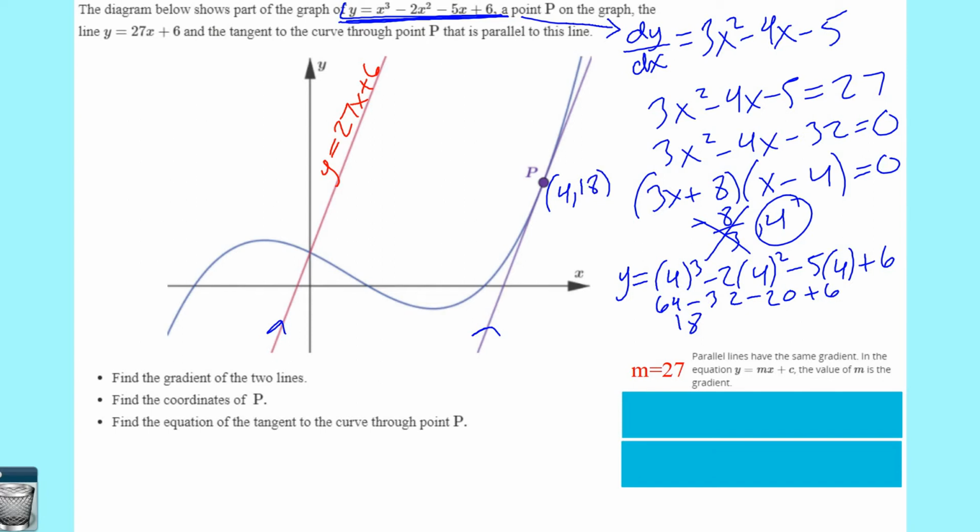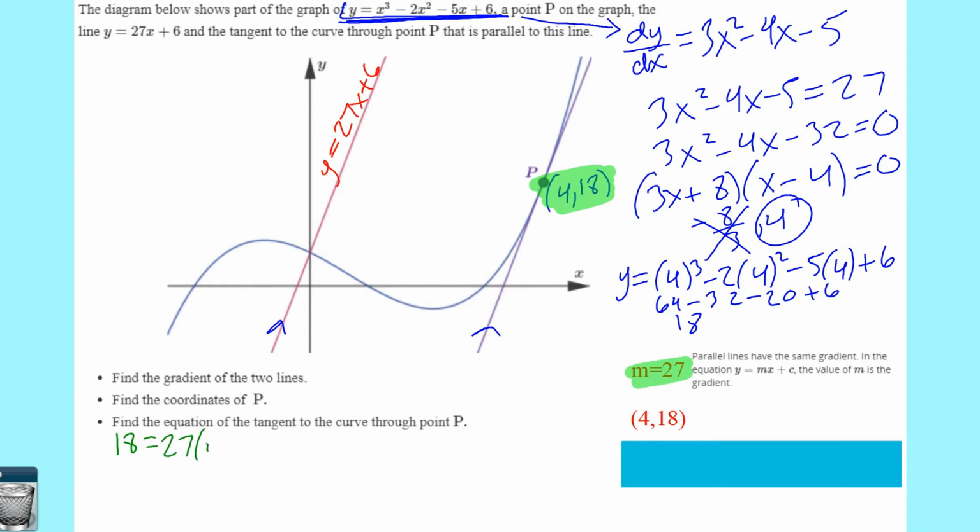All right, let's see how we did. Sweet, we got it. Now we're going to find the equation of the tangent. Well, that's great because we just figured out everything. We've got the point and we've got the gradient, the slope, so we can just plug all that stuff in. We get 18 equals 27 times 4 plus b.